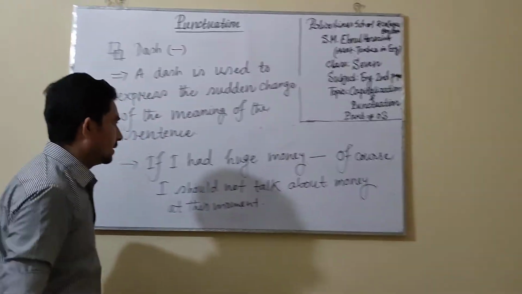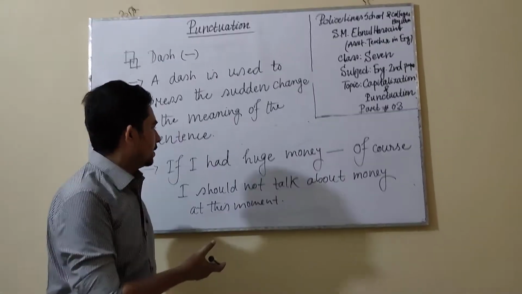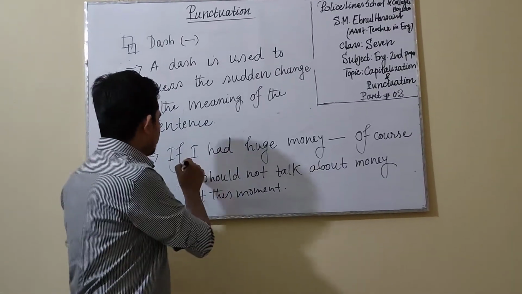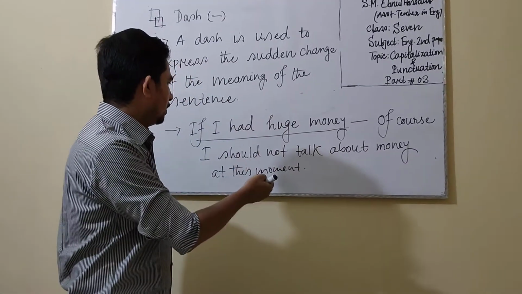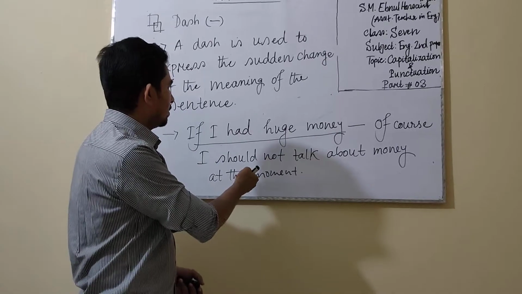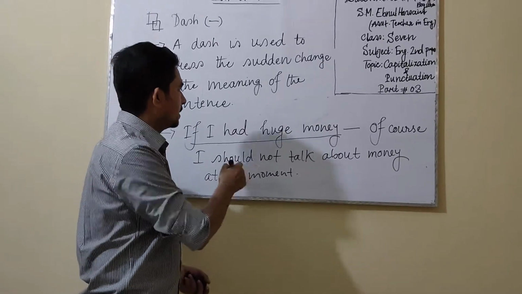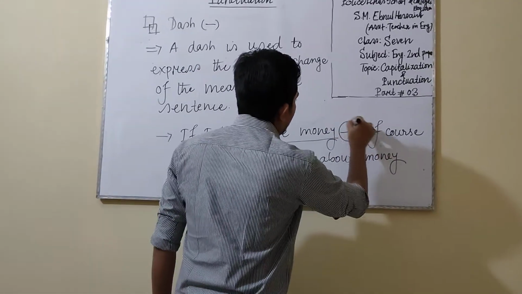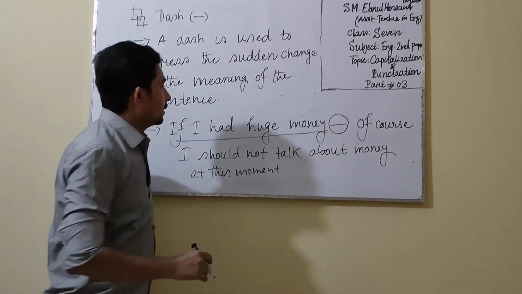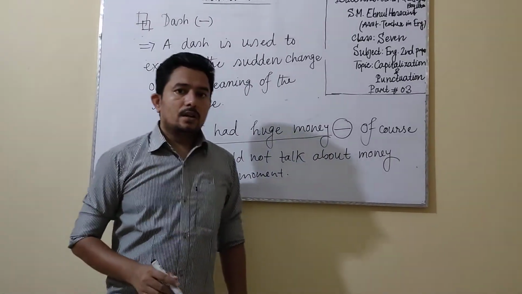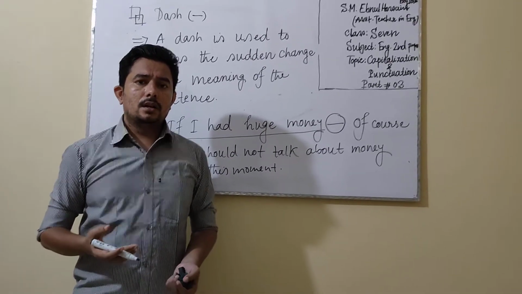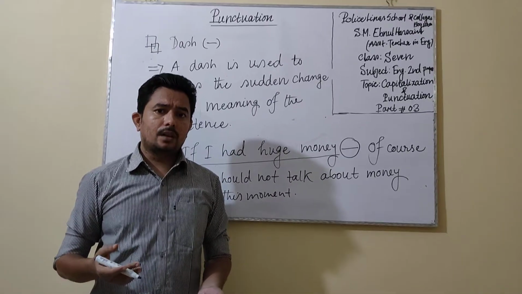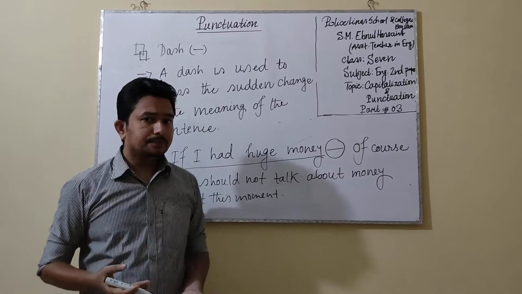So we can see that there are two sentences here, but after the first sentence we show the sudden change of the meaning of the previous sentence, and that's why we use the punctuation mark dash.